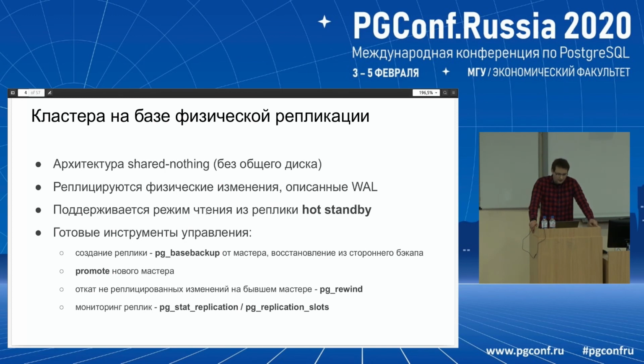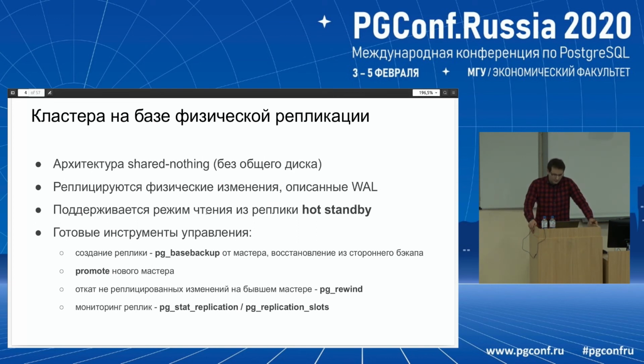on replication where we migrate the physical changes of the pages from master to replicas. Hot standby is also supported, and we also have a well-proven tool to manage the nodes. Base backup, the possibility to do a backup from master or replica without interrupting the workload.